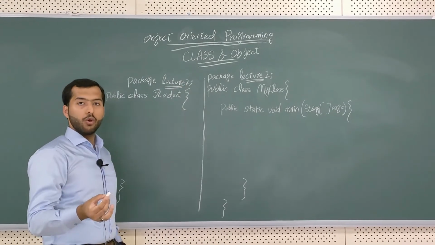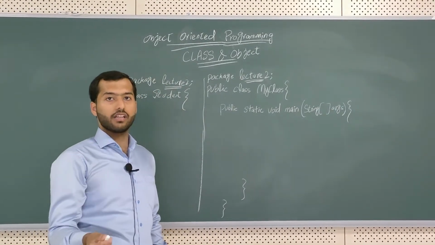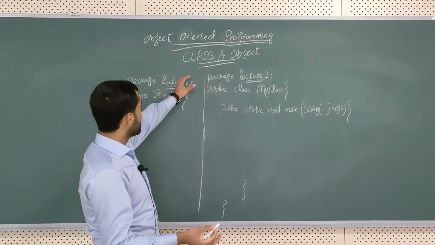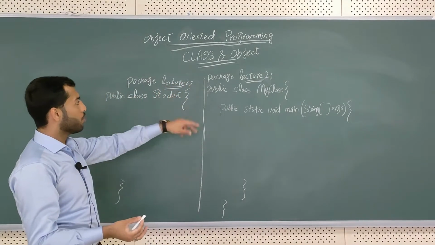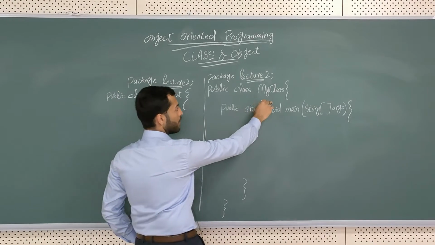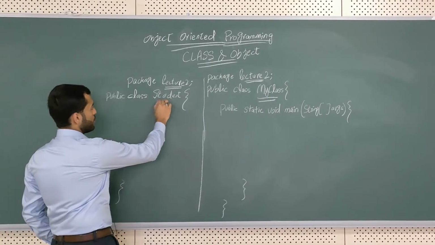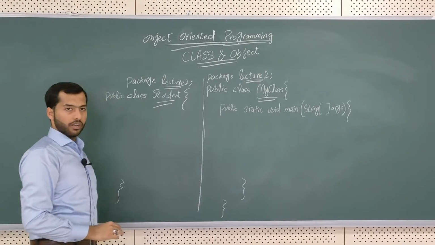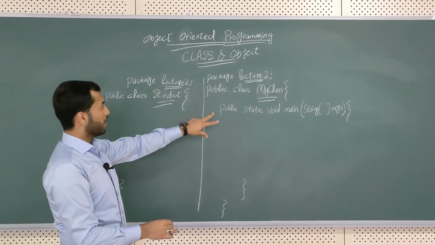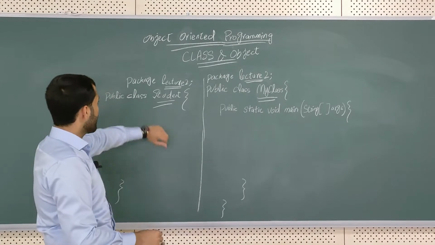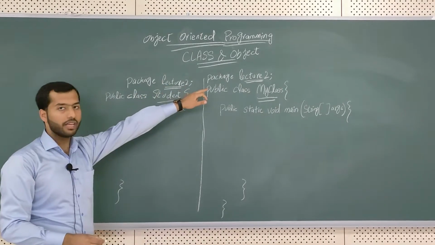It means that we can create different classes. In object-oriented, you can say that I have here two classes. One class is here, my class, and the other class is here, student class. Both the classes are in the same package, lecture 2.